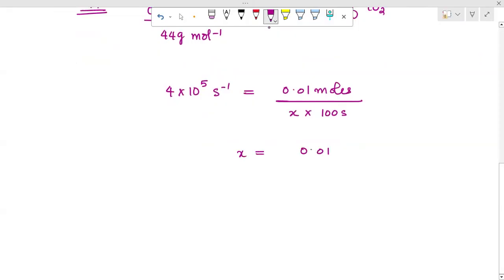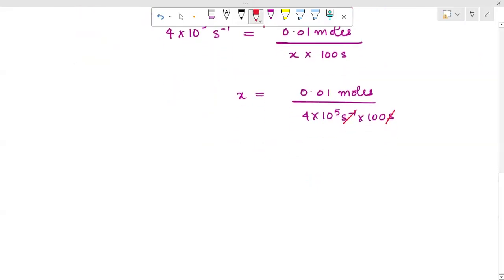This is 0.01 moles divided by 4 into 10 to the power 5 per second into 100 seconds. So per second and second get cancelled. So what you have is 0.01 divided by 4 into 10 to the power 7.